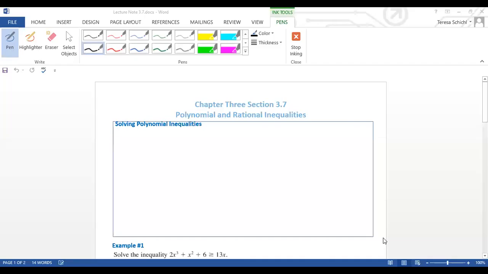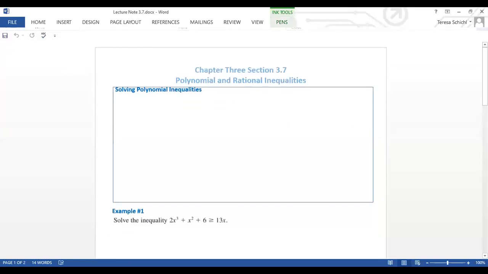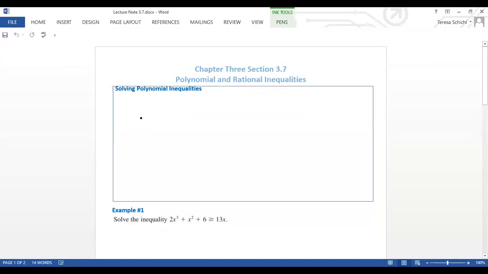Okay, so here we have a few things. The first thing is how to solve a polynomial inequality. I'm going to list the steps, and I'm going to use example number 1 to demonstrate each step. So step number 1: when we try to solve a polynomial inequality, the first thing we need to do is move all the terms to one side.